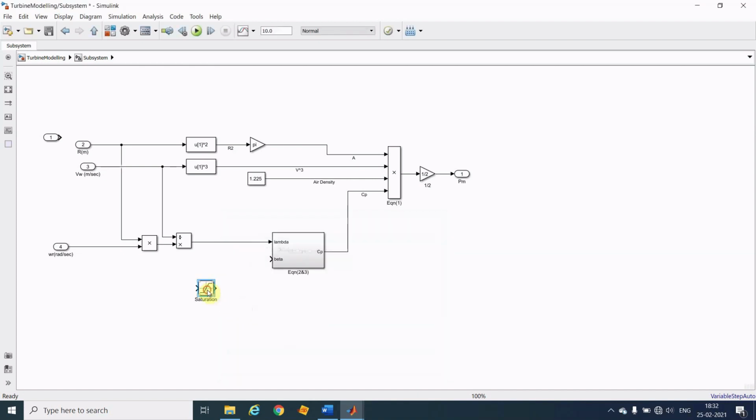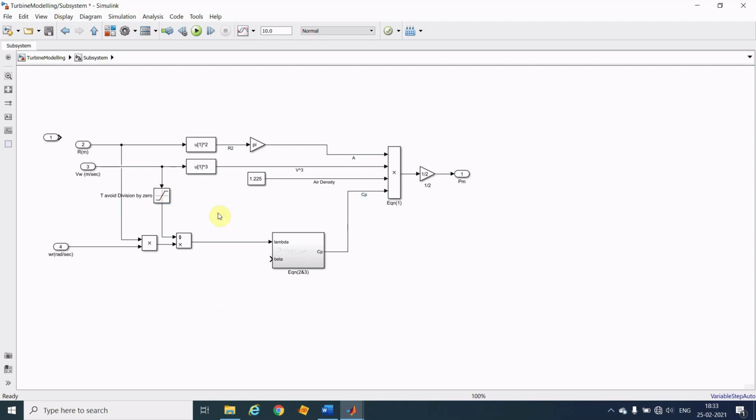With this limit, why are we using this one? To avoid division by 0. Okay, this is important.